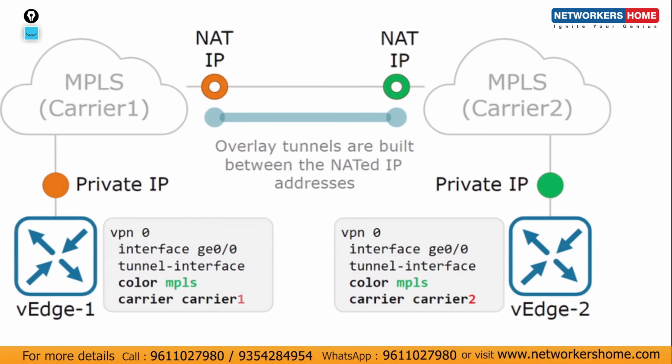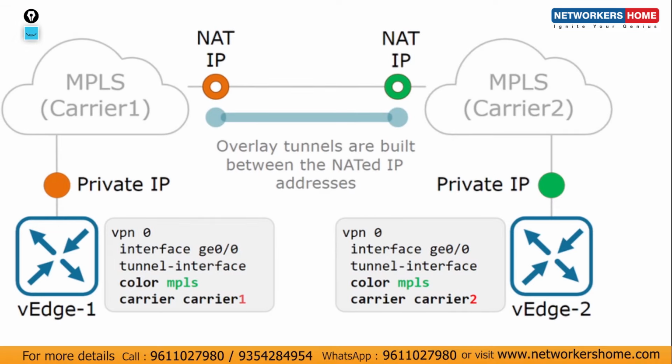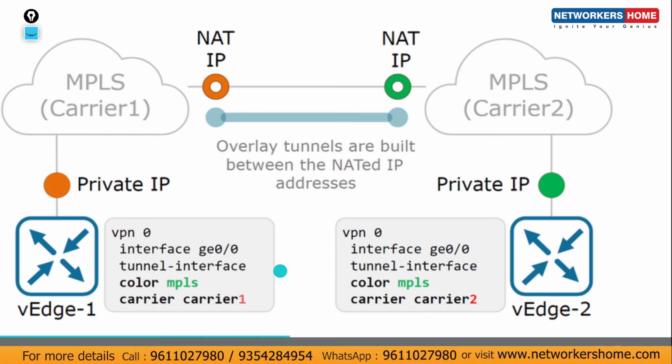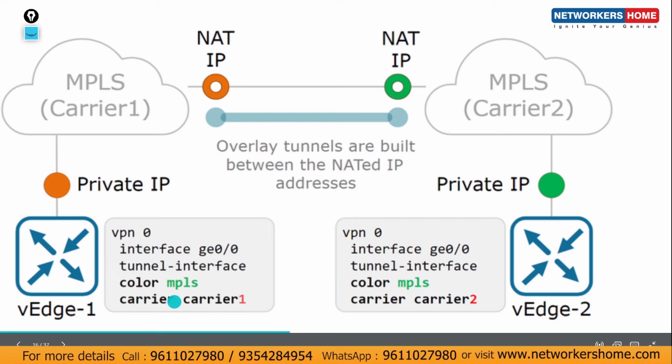So let's see what it is. Now you see what is basically happening is that I have selected on this particular interface carrier 1 and here carrier 2. By default, if you want to form a tunnel over public IP, even if it is using a private color, you can use the same carrier.